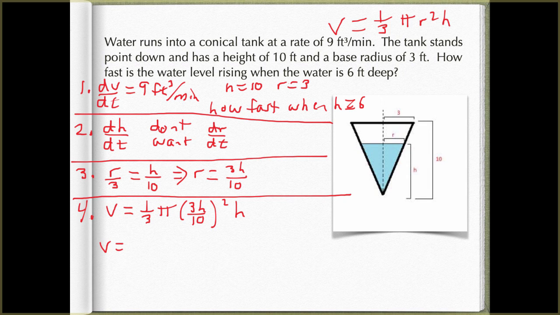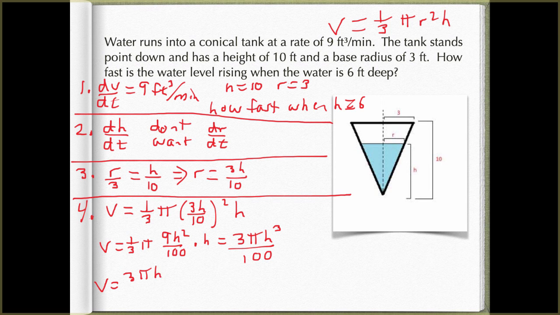We take the square of 3h over 10, which is 9h squared over 100. Actually, I'll write this out. We have 9h squared over 100 times h. And when we simplify this whole thing, we get that the volume is 3 pi h cubed over 100.